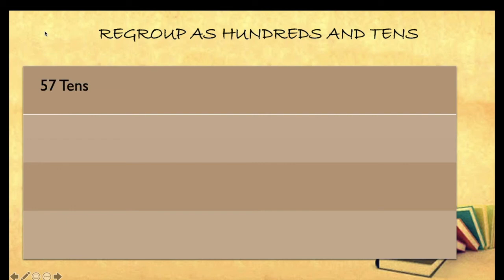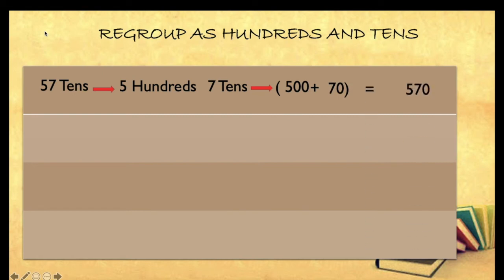Here we have 57 tens, which can be regrouped as 5 hundreds and 7 tens. While writing it in numeral form, it can be written as 500 plus 70. Together it is 570. Next, we have 63 tens.